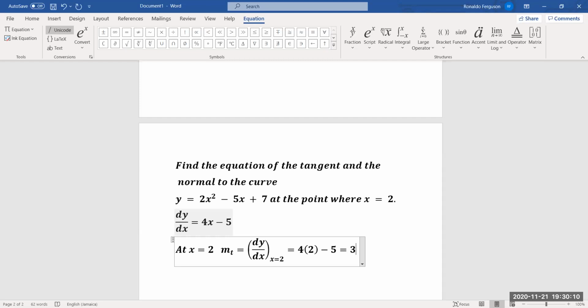Now, after you find the gradient of the tangent, the equation is given by y minus yp equals the gradient of the tangent times x minus xp.